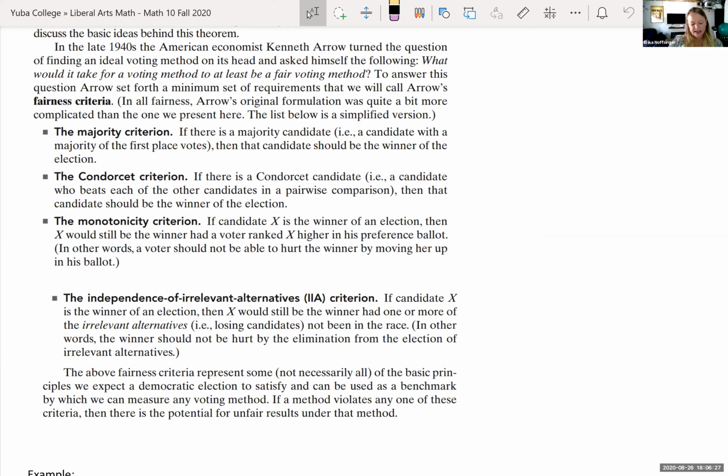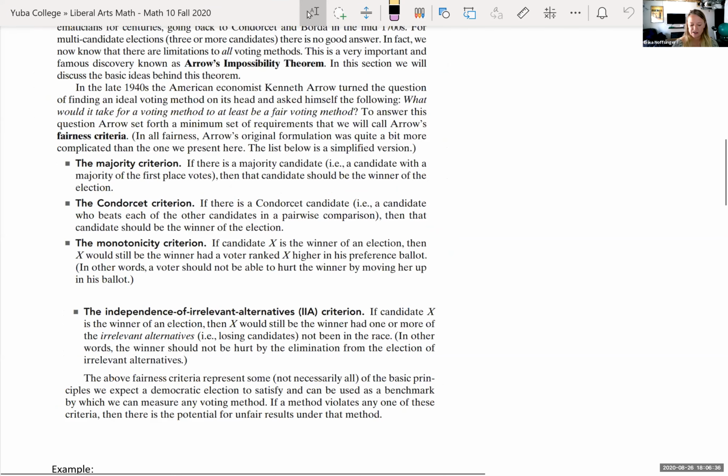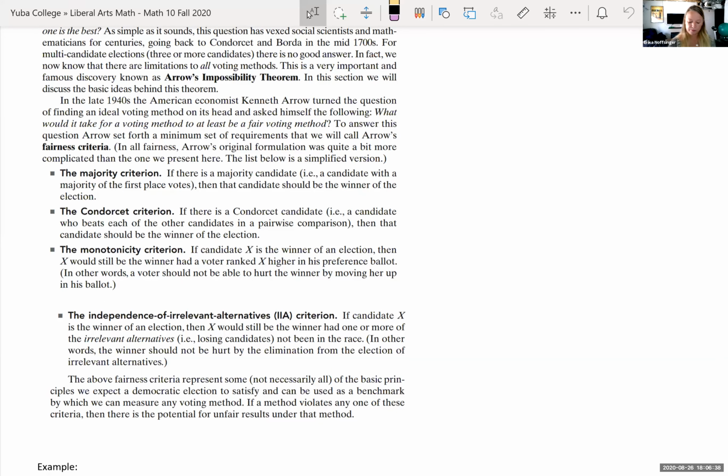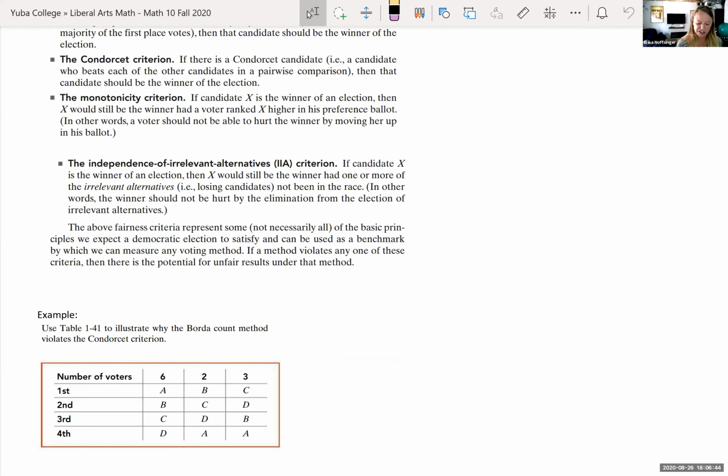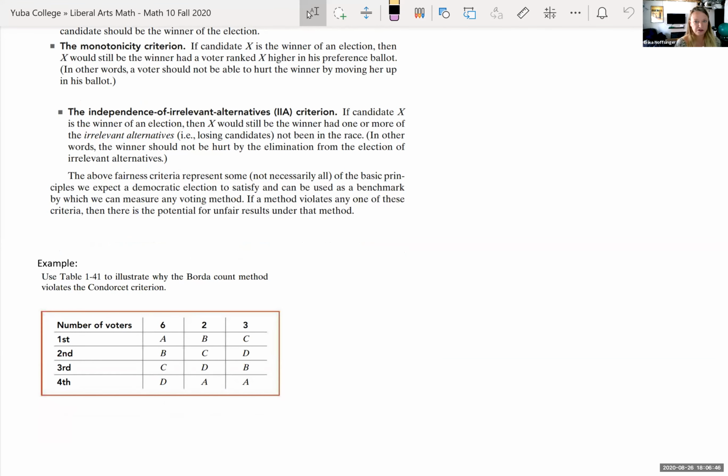And so in this section, and we just kind of worked through it today, what you would do is you would have to see, looking at a ballot, would they be the winner if you went through all of these? And if you did, then the election is fair. If one of those things didn't hold, then we would say the election isn't fair and it had to do with this method.